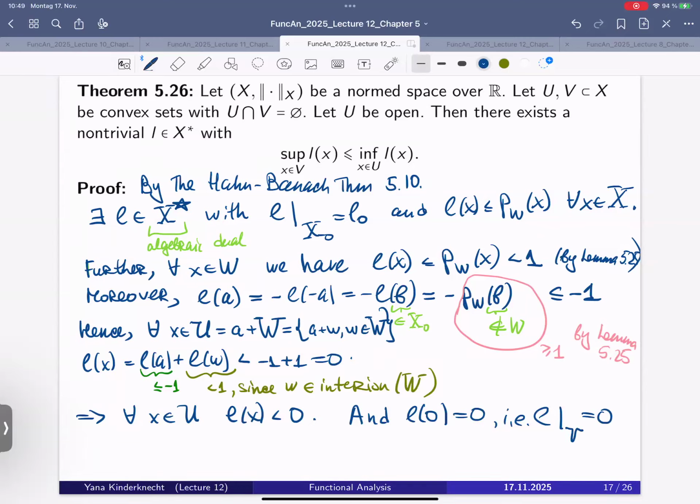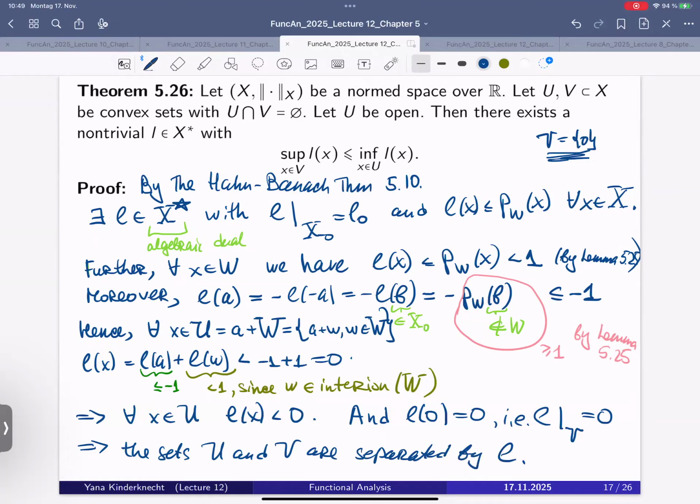So this linear functional L has separated two sets, U and V. I recall that V is just this point in our step 1. So in step 1, we have shown everything. So the sets U and V are separated by this linear functional L.